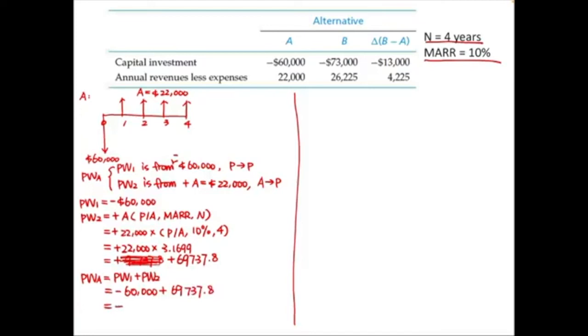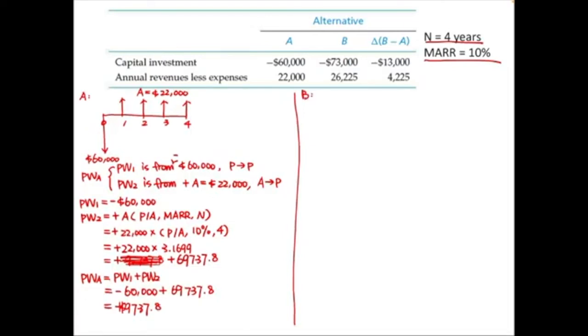So the final result is positive 9,737.8 US dollars. Okay, so which means if you convert all the cash flow back to the present time, your present worth of option A will be positive $9,737.8. Okay, that means by doing option A, you can earn this much.